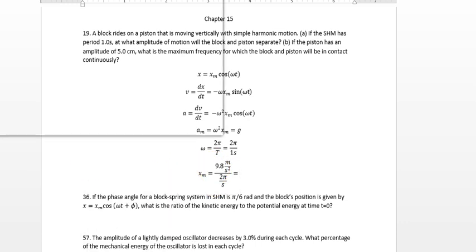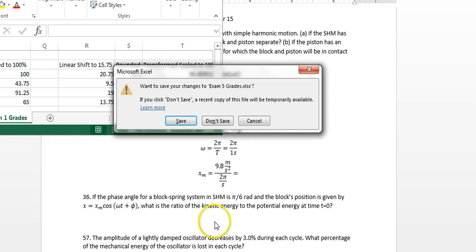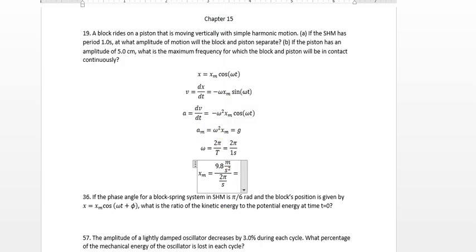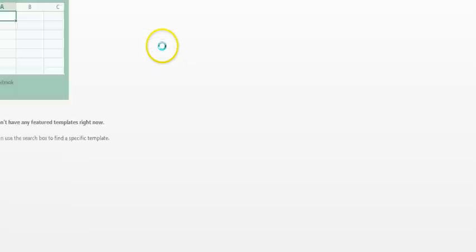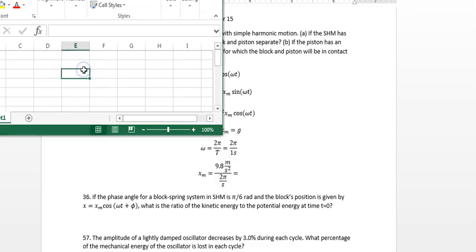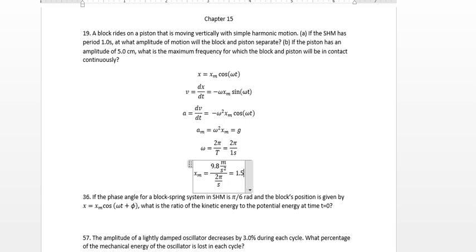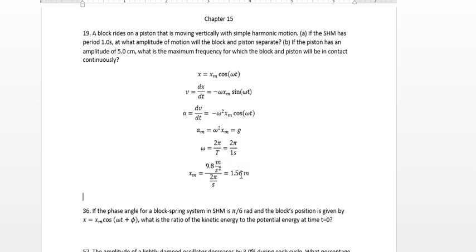So 9.8 divided by 2 divided by pi, we get an amplitude of 1.56. Once we get to this amplitude, the acceleration downward is high enough that we're going to, I did that wrong, because it's omega squared.